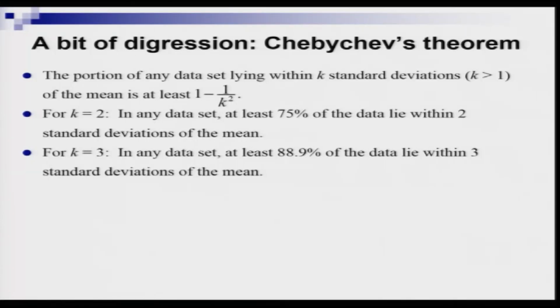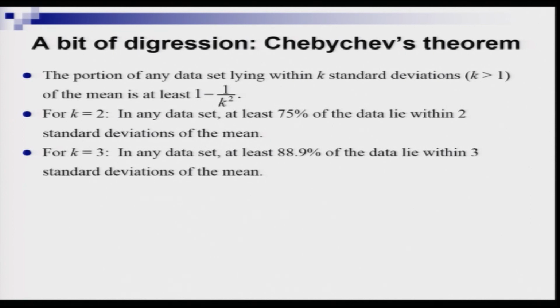So, let us discuss Chebychev's theorem. I am not going to discuss it in full rigor, and I am not going to show you any proof for the theorem. I am just going to discuss the main statement of the theorem, and then I will show you illustrations of how one can make use of this result.